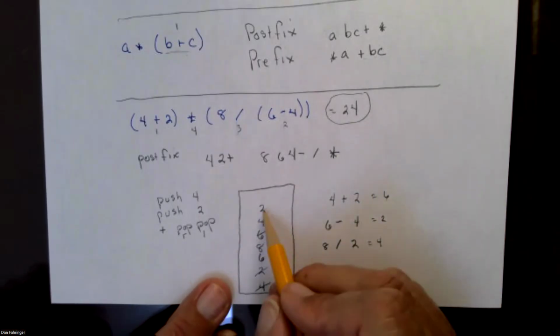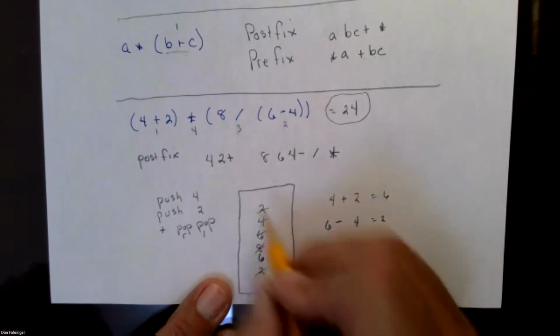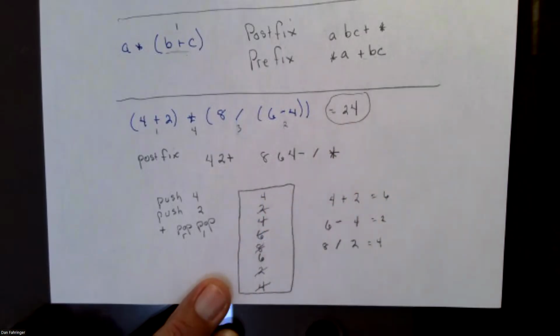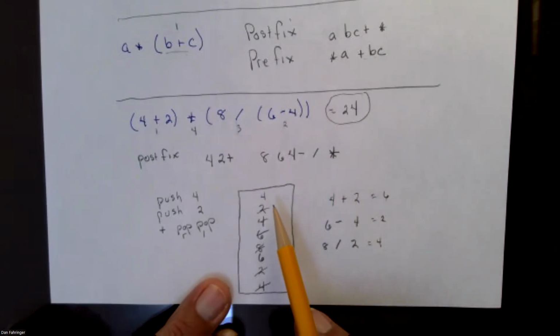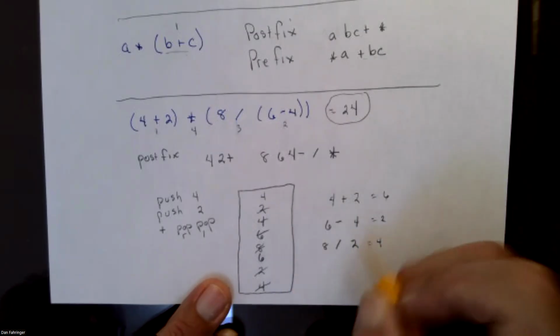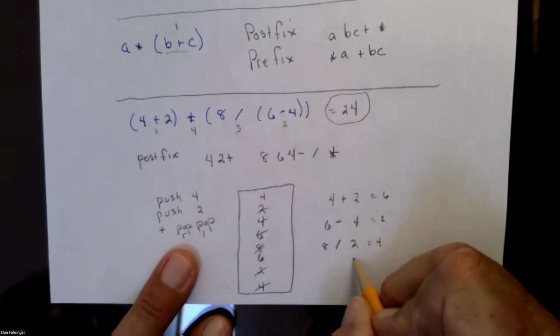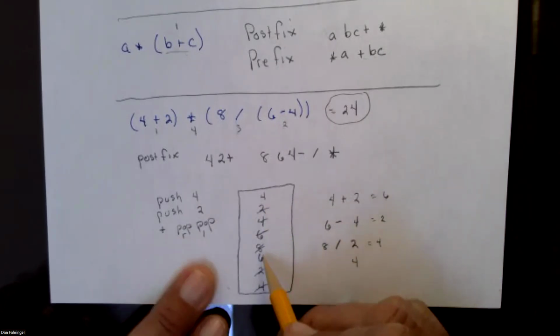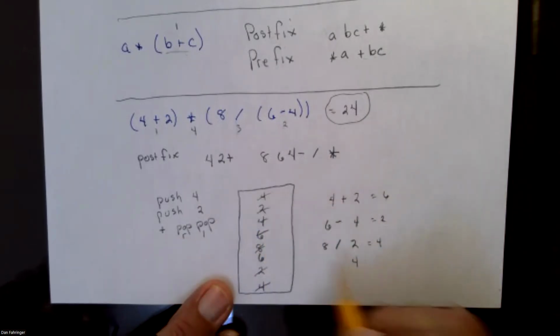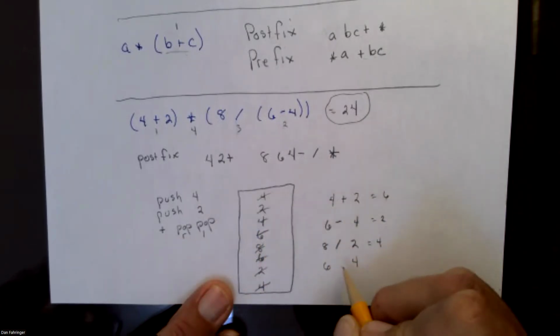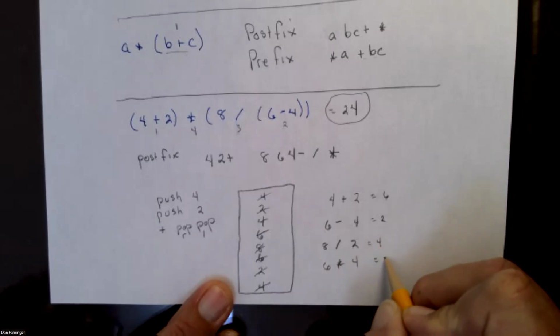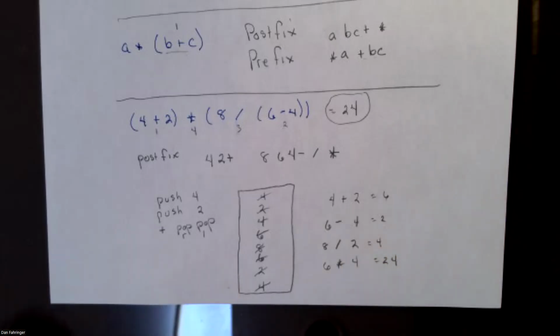I pop the 2, I pop the 8, I push the 4. Now I hit multiply. Pop the 4. Yeah, first one goes on the right. I popped the 4, I popped the 6, and I multiplied, and I got 24.